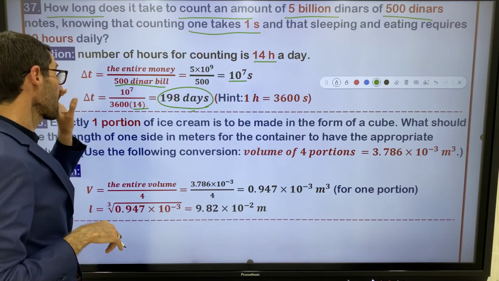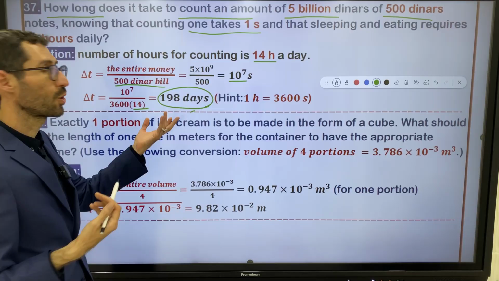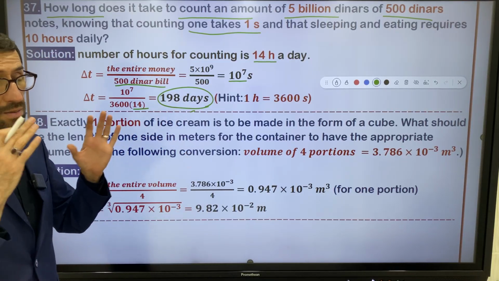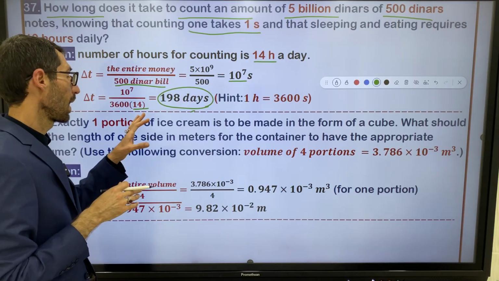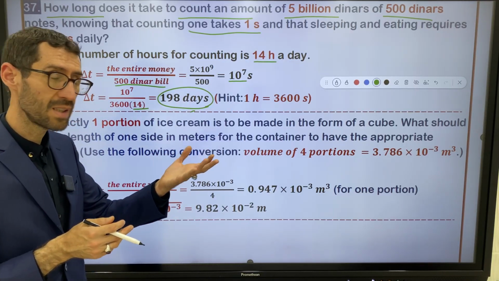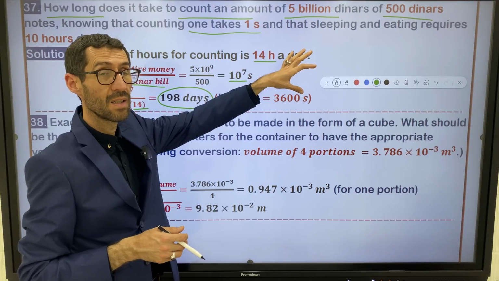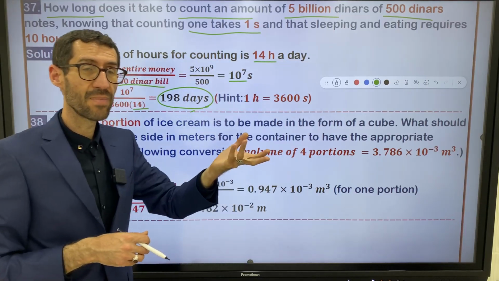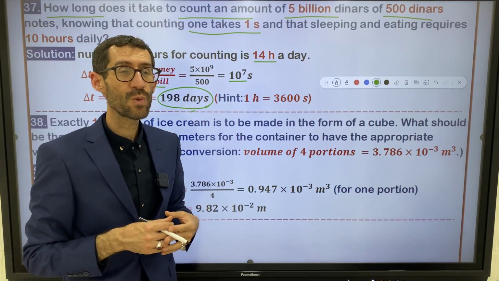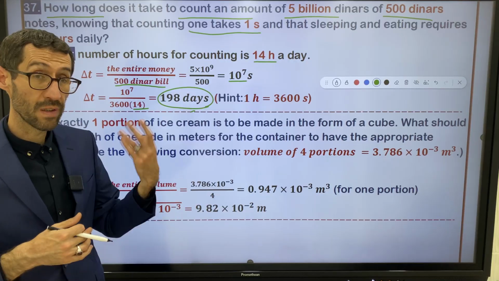So maybe you say, why do we convert it to days? I want to calculate it in seconds, but here it mentions that for 10 hours daily we sleep and eat. That's why you have to subtract the 10 from the 24 hours.